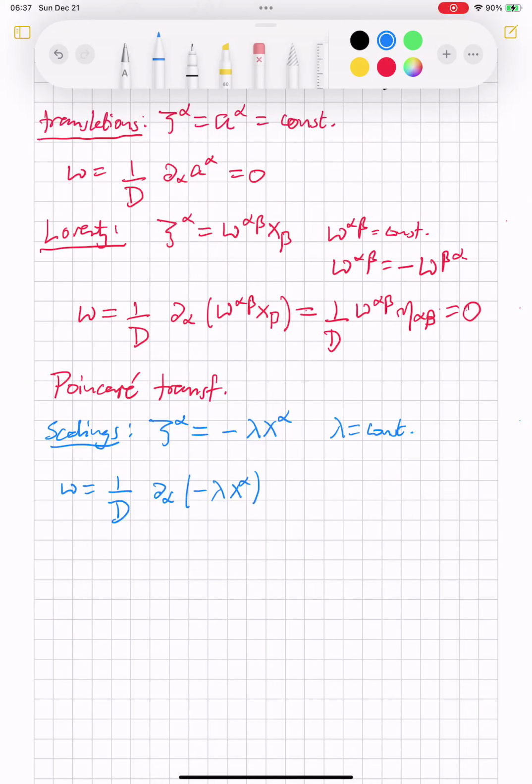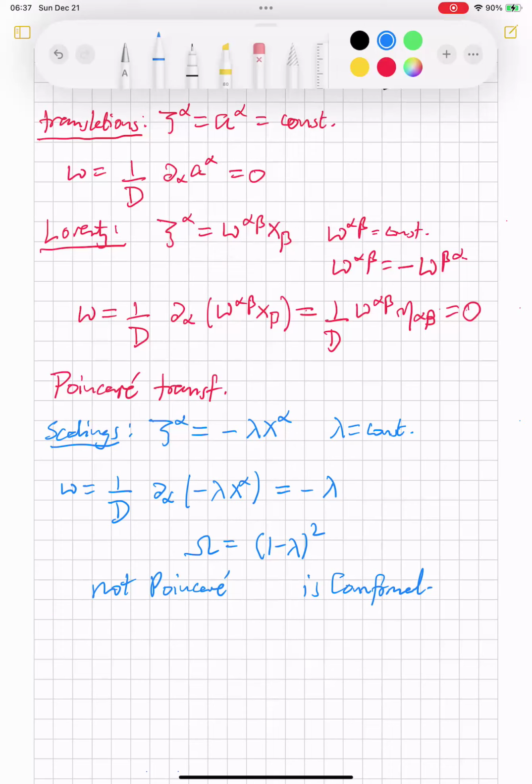If I sum over alpha, that'll give me a d. So that'll cancel with the 1 over d. So in the end, I just get minus lambda. And then there is some non-trivial scaling of the metric, just given by 1 minus lambda squared. So actually scaling is not part of the Poincare group, but it is part of the conformal group. So this is the first example that we've met that really was a conformal transformation, but not a Poincare transformation.